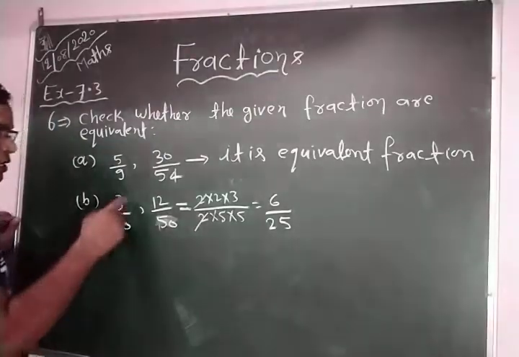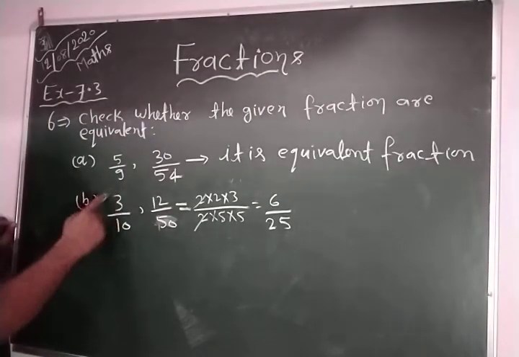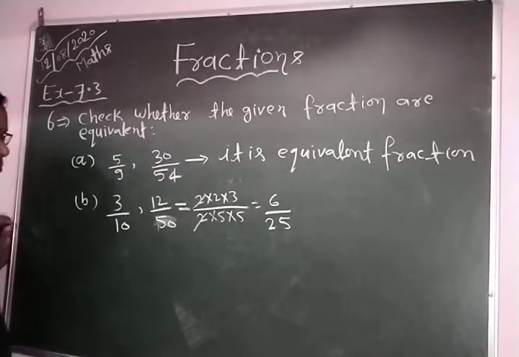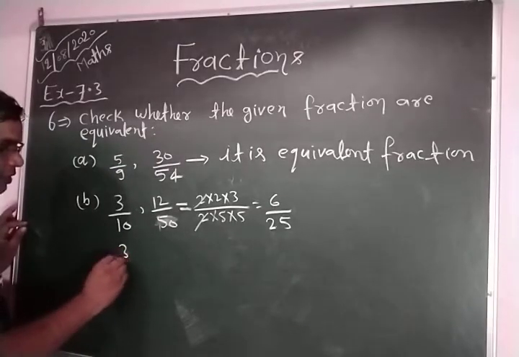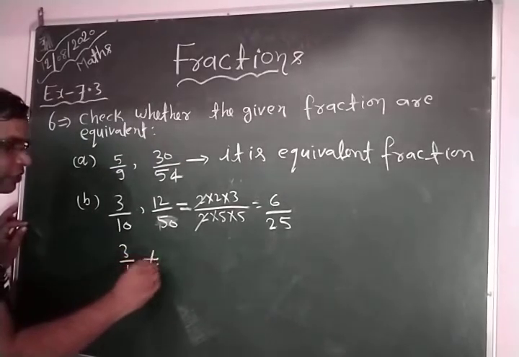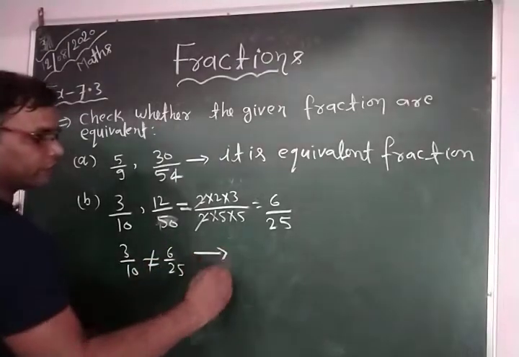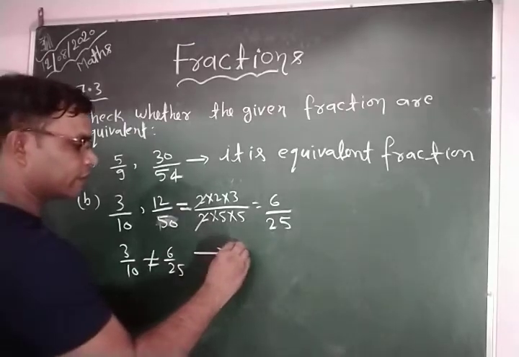So you can see here one fraction is 3 by 10 and this is 6 by 25. Both are not equal. Here you can write 3 by 10 does not equal 6 by 25. So this implies that it is not equivalent fraction.